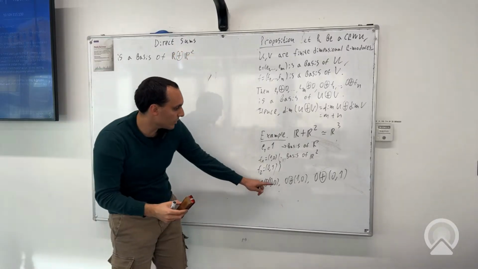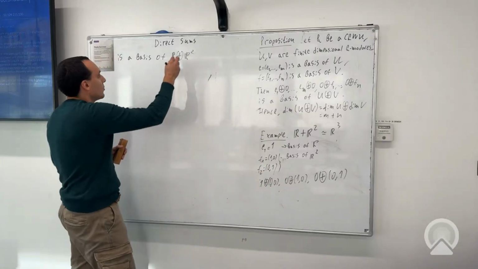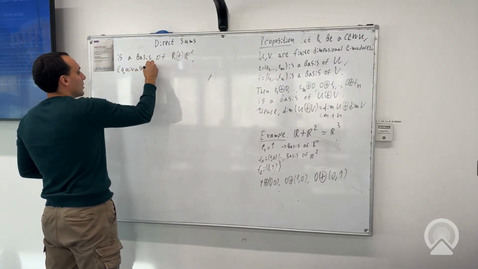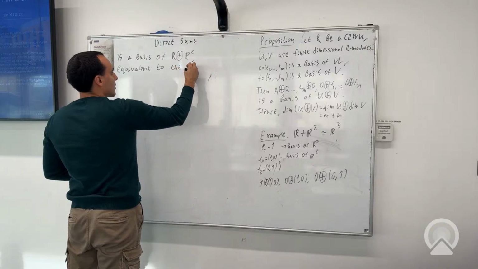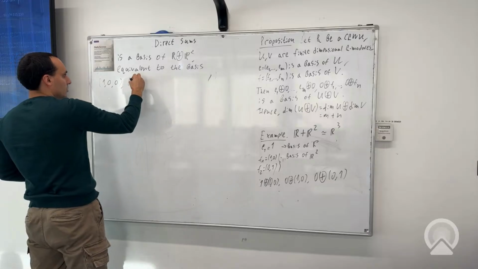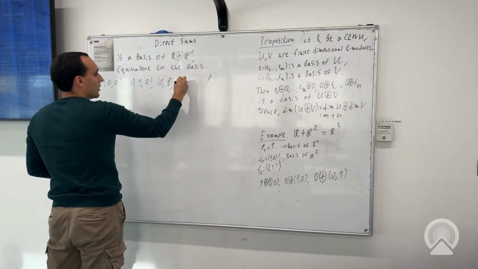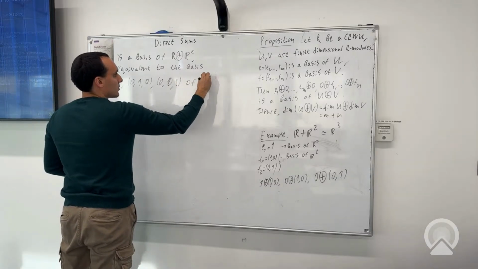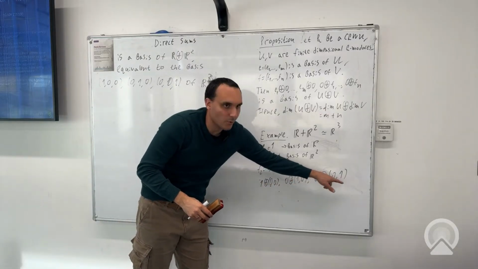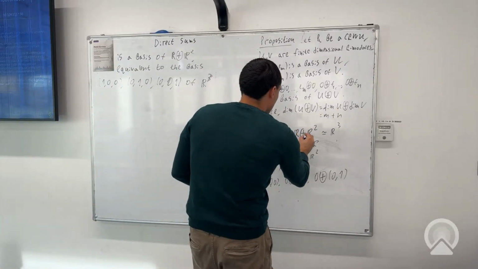But if I remove these pluses and change them with brackets, it is equivalent to the basis (1, 0, 0), (0, 1, 0), (0, 0, 1) of R cubed. Sorry, this should be the kind of plus with a circle.